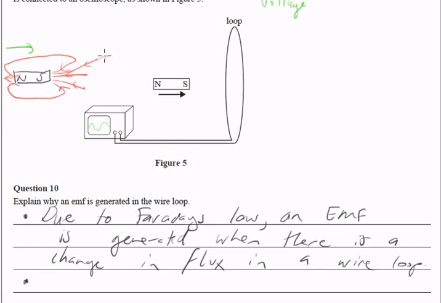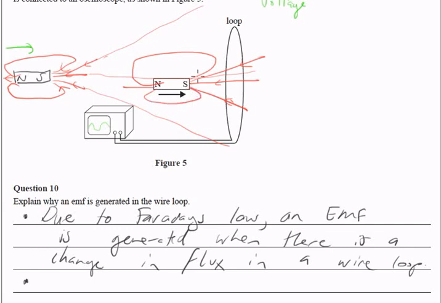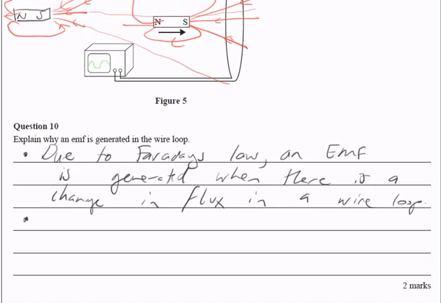If we extend these field lines out like this, you see only one of these 3 that I've got at the moment goes through that loop, and as it gets closer and closer to the loop, more and more field lines go through that loop. So as it gets closer, the flux through the loop increases, and that's why there's a change in flux.